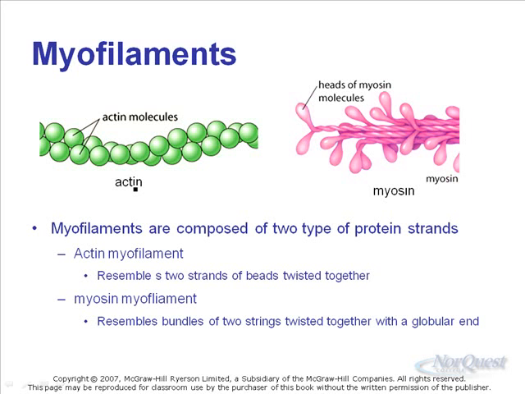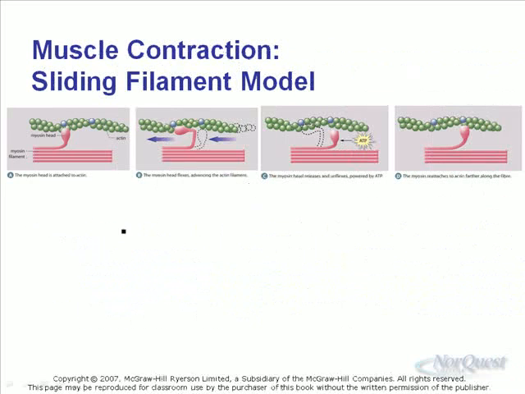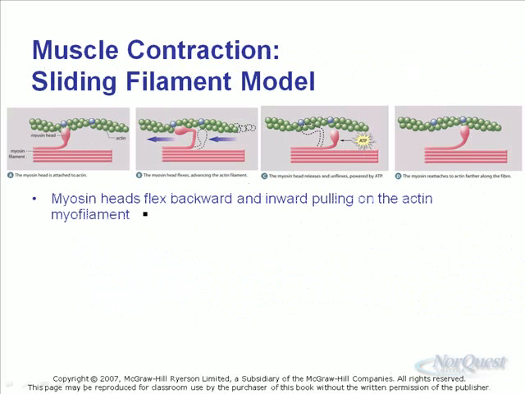The myosin myofilament resembles bundles of strings twisted together, almost like a braid, and at the end of each string is this little head sticking out. Now when these two proteins interact, here's the way they're set up. So it starts off in a relaxed muscle.